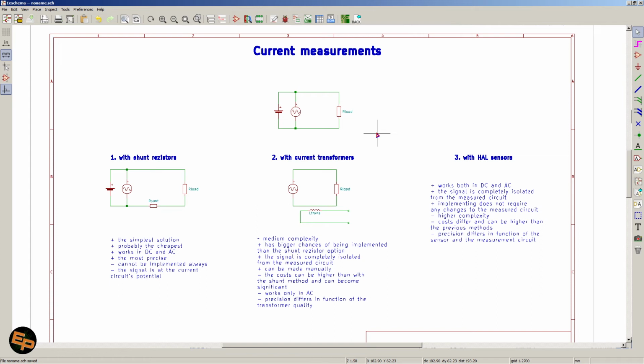Since these are what I would call a bit exotic components, we would probably not like to buy several of them and make a stock at home. I mean, it's not like transistors or resistors which can be used everywhere, right?